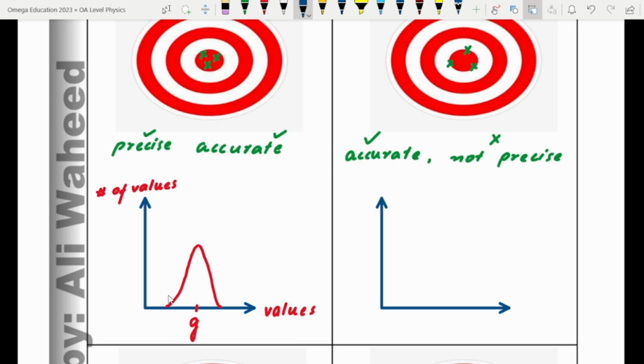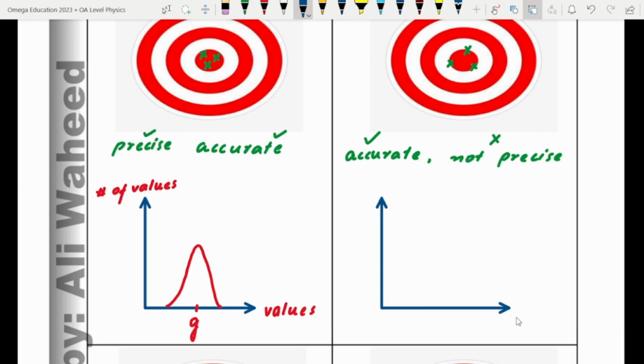The width of this peak, the width of this mountain, is quite small, and that tells you if the readings are precise or not. If the peak is narrow, it means the values are close to one another, so that would be precise.